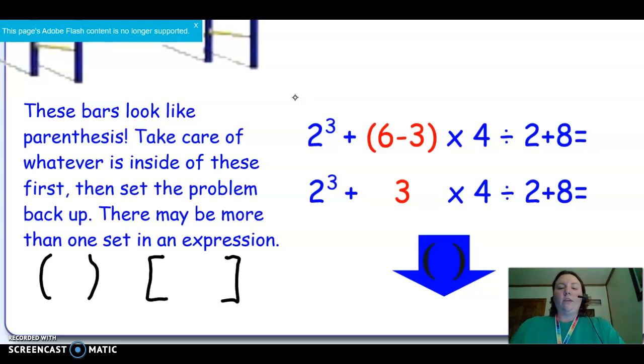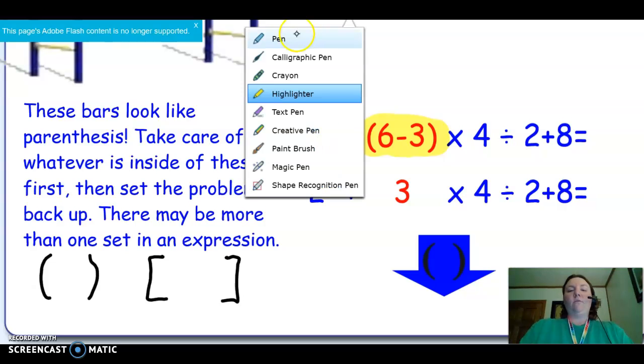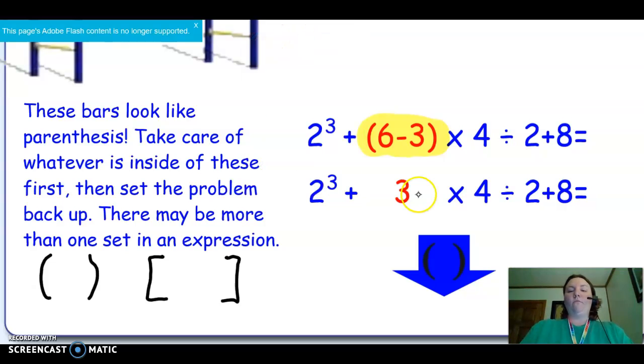So the first thing in our order of operations is to deal with the parentheses. You can see here in this problem, 2 cubed plus the quantity 6 minus 3 times 4 divided by 2 plus 8. 6 minus 3 is in parentheses, and so that number is going to become 3, and everything else carries down exactly how it is.